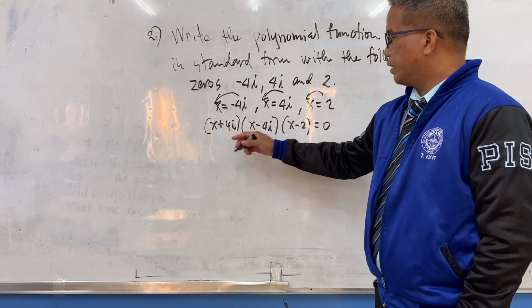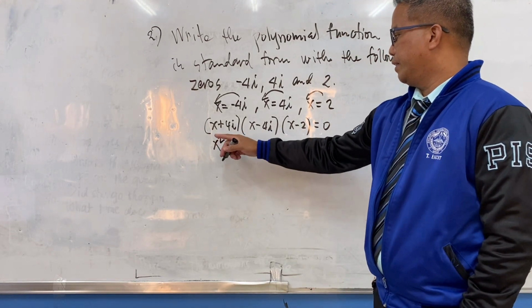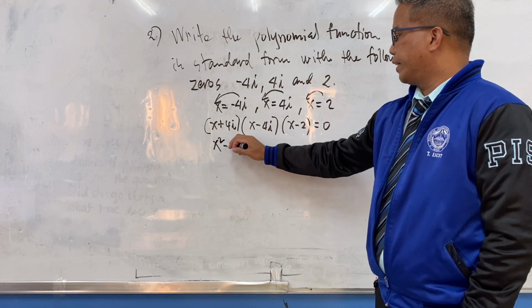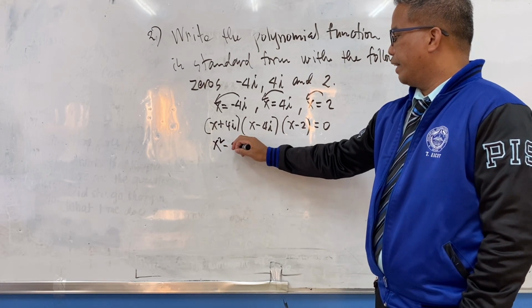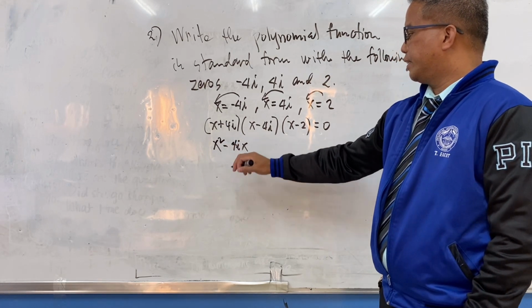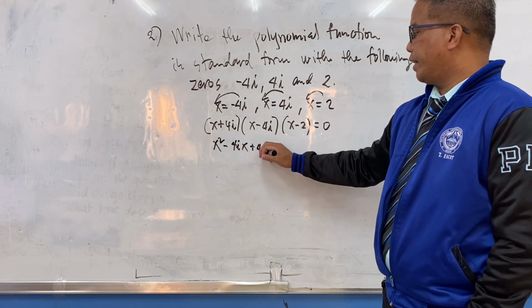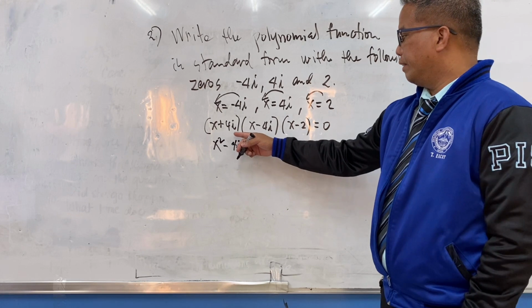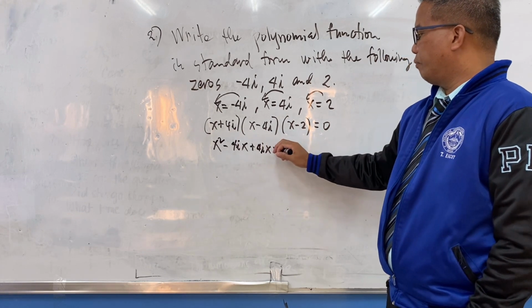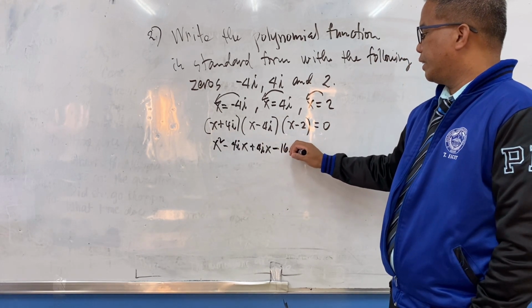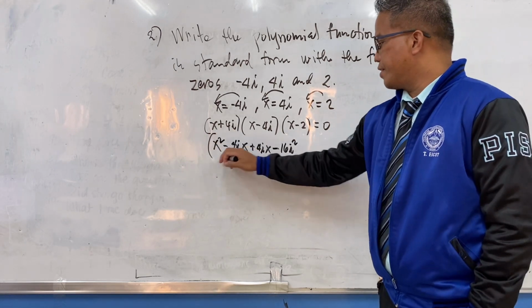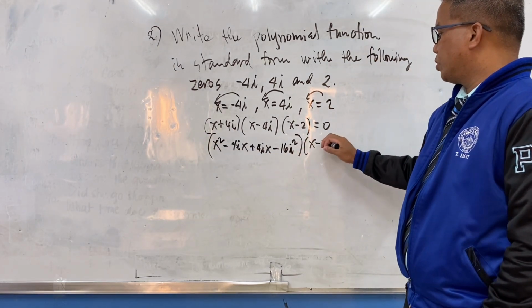So x times x is equals to x squared. x times negative 4i equals negative 4ix. Then 4i times x equals positive 4ix. Then 4i times negative 4i equals negative 16i squared. So this is the answer. Then multiply to x minus 2 equals 0.